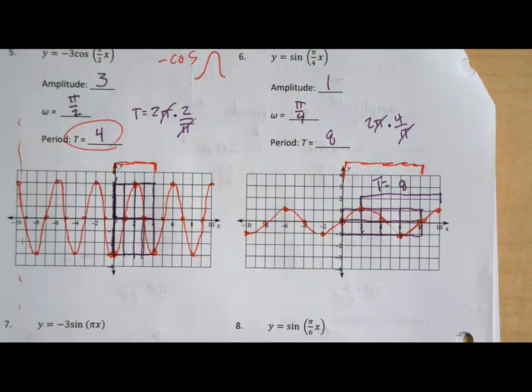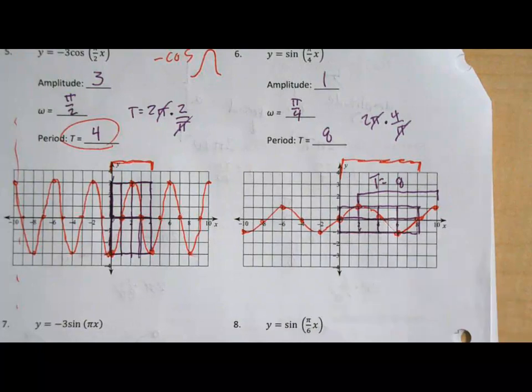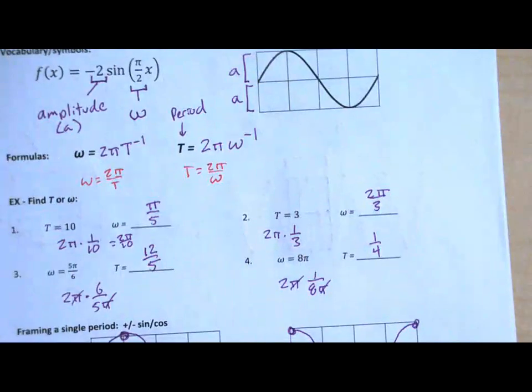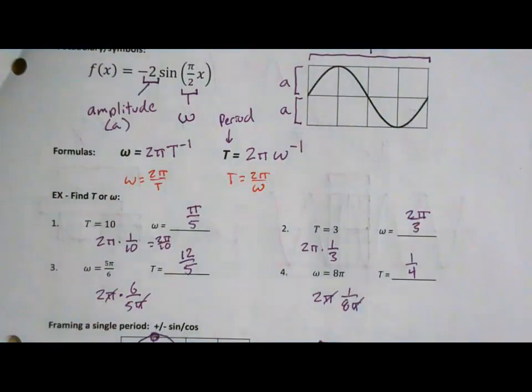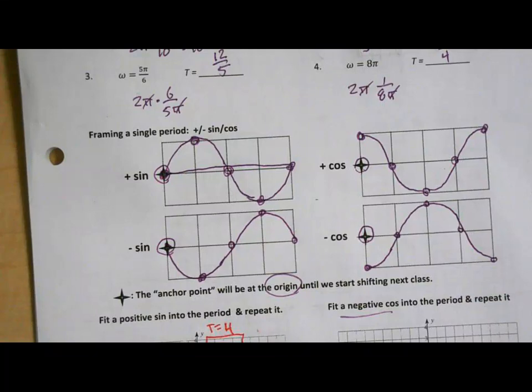So x-intercepts are happening every half period, yes. And the maxes and mins happen every period. No matter which of these 4 we're dealing with, there's always 2 x-intercepts. Well, some of them it looks like there's 3, but that third one just overlaps with the first.